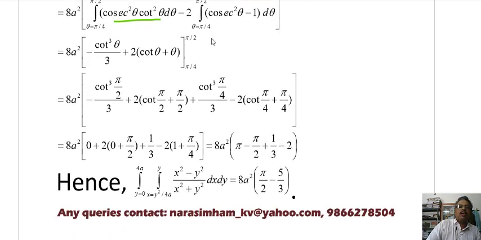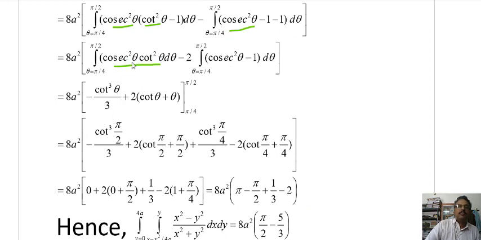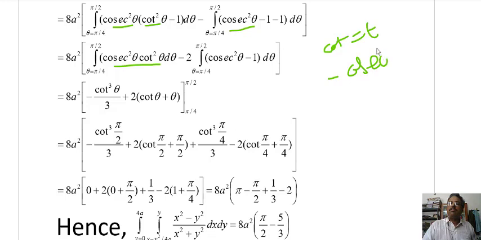Okay. Now, integration. Suppose we assume cot theta equals t. What happened? Minus cosecant square theta d theta equals dt. Since cosecant square theta is already there, you will get a negative sign.